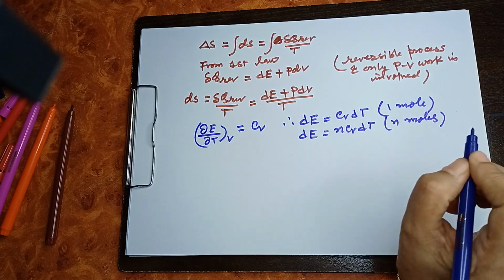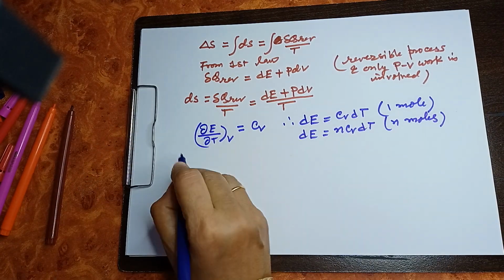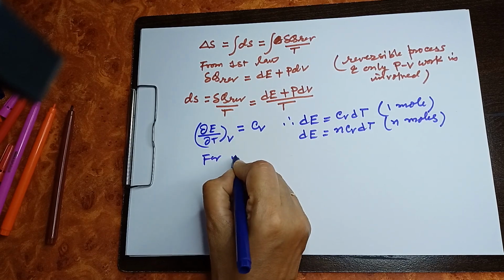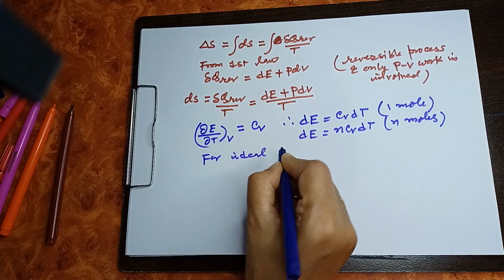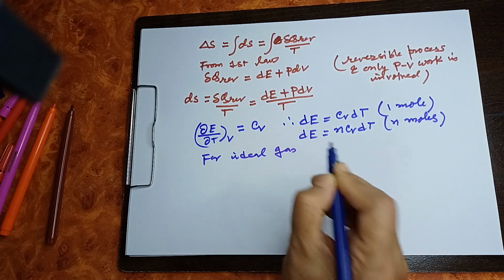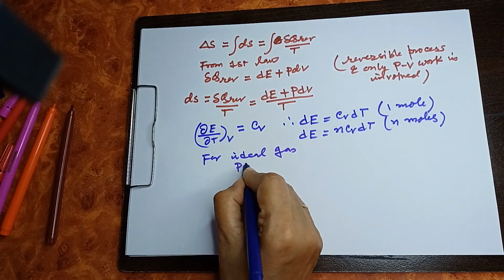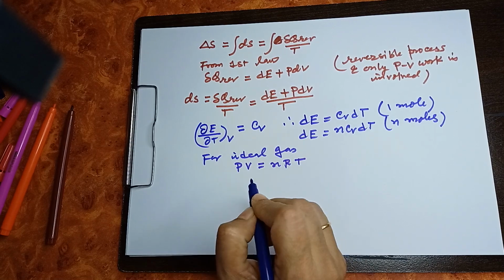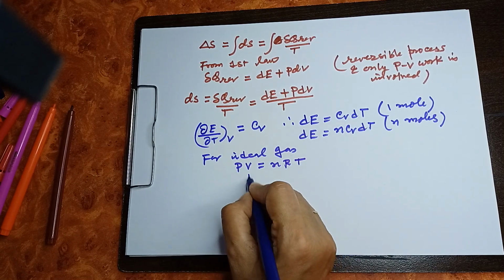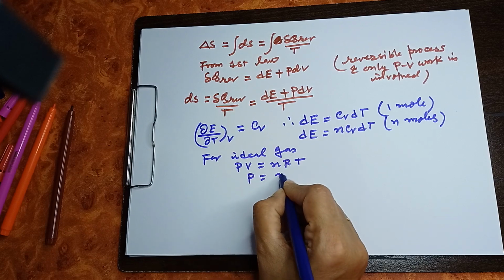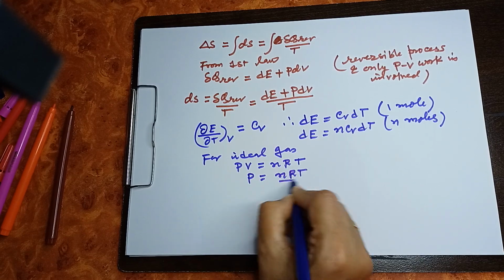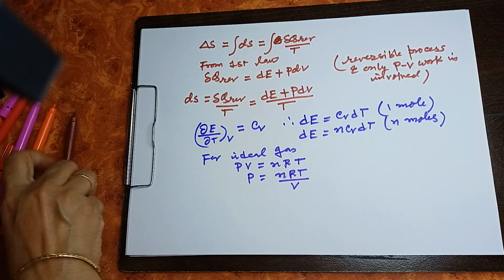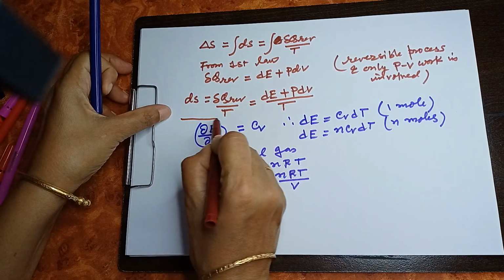Okay, this is one. And now, if our gas is an ideal gas, we know that PV is equal to nRT, so P is equal to nRT by V. So all these things I'll put in this equation.